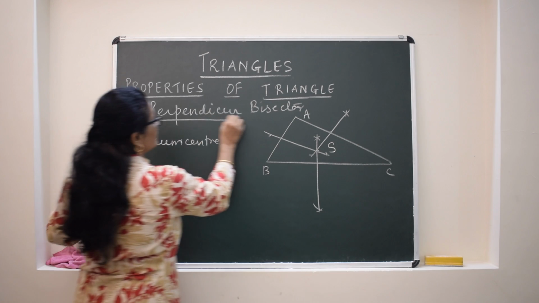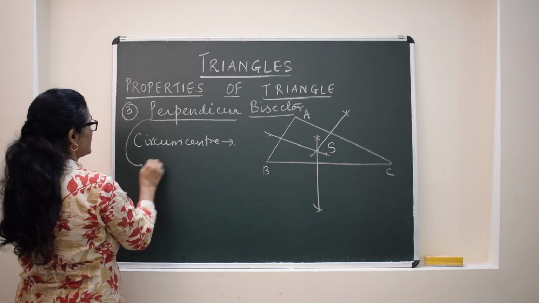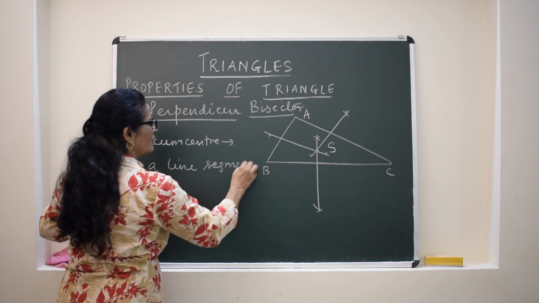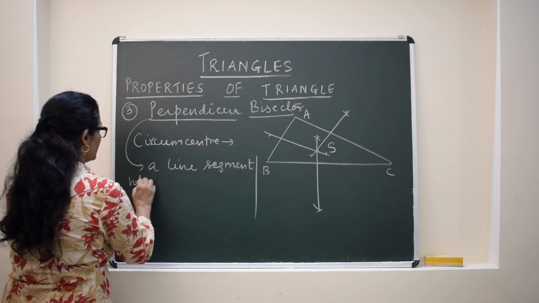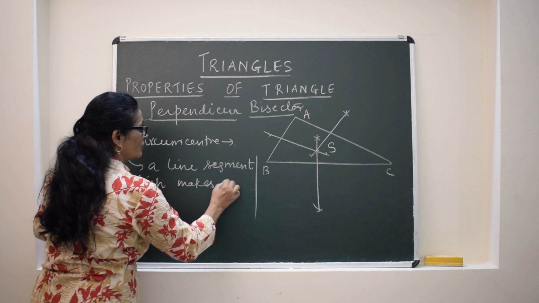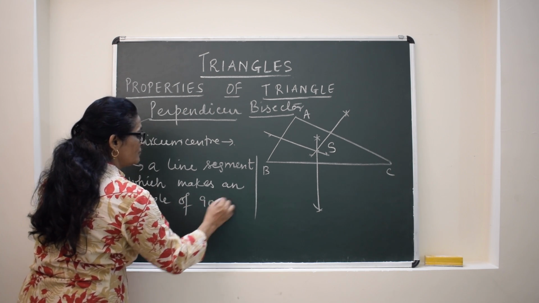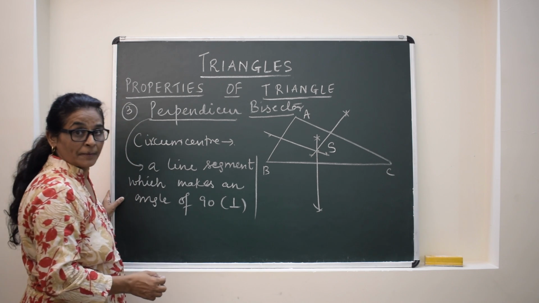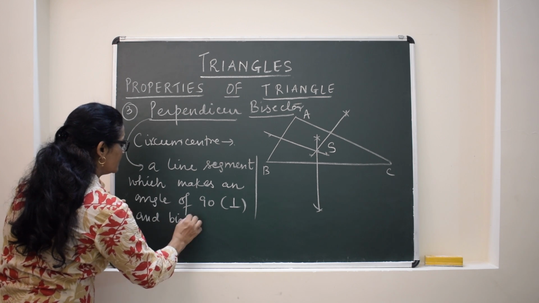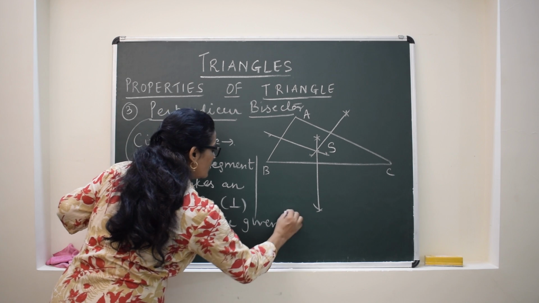Before that, we will write the definition of perpendicular bisector. A perpendicular bisector is a line segment which makes an angle of 90 degrees, means it is perpendicular, and bisects the given line segment.